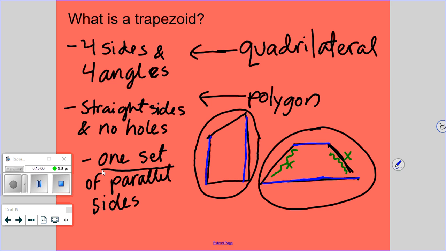What's going on with my top and bottom, are they going to be parallel? No. One is nice and straight, but the other one kind of looks like this. And it's going to crash into my bottom one. So my top and bottom are not parallel. A trapezoid will only have one set of parallel sides.